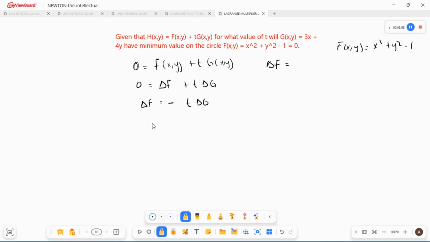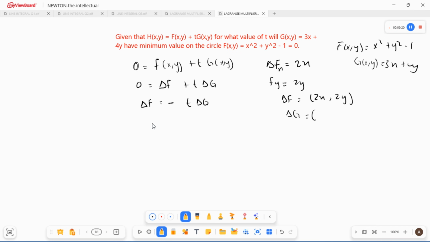Now, our df is going to be, we're going to have f of x, which is going to be 2x, and then f of y, which is going to be 2y. That means our df will be equal to 2x comma 2y. Now let's do the same thing for g. So g of x y is equal to 3x plus 4y.